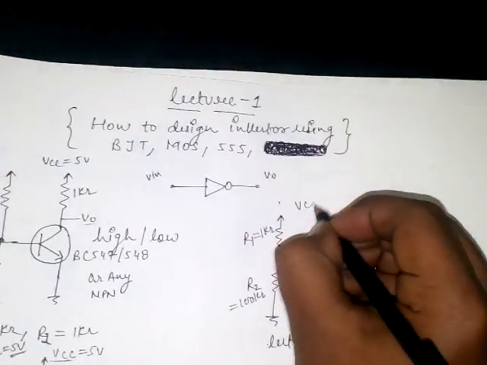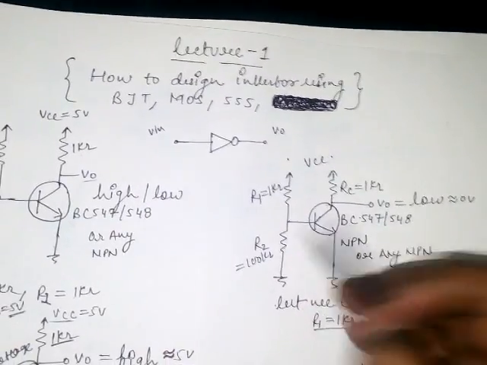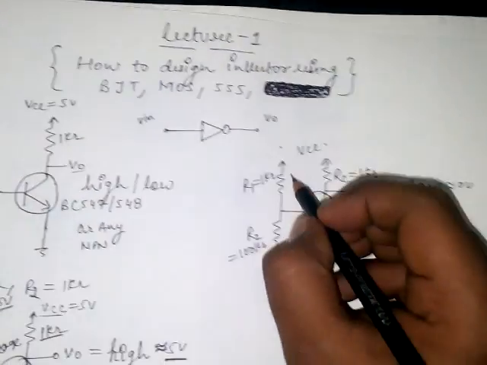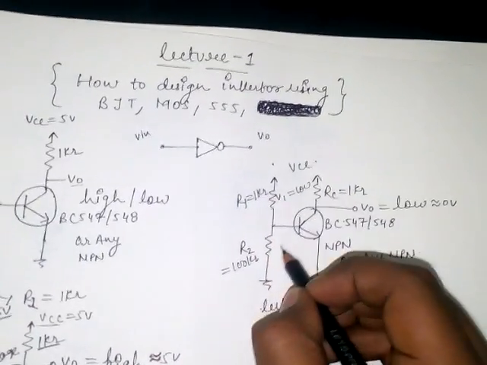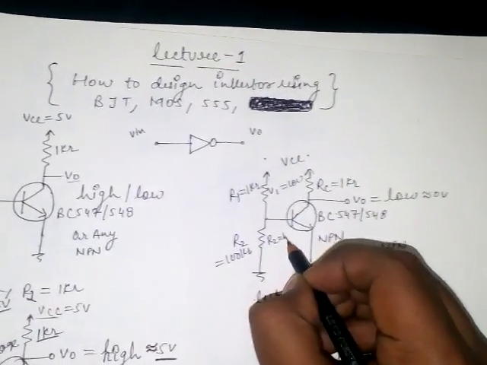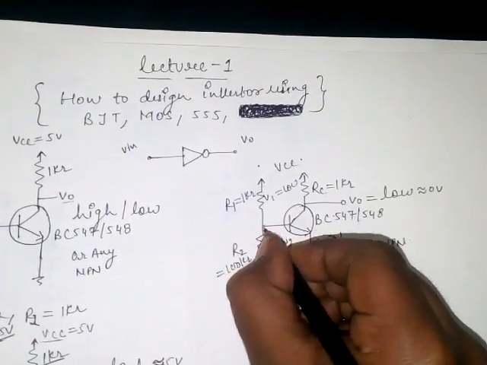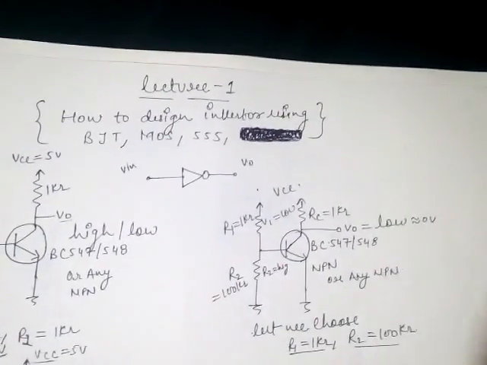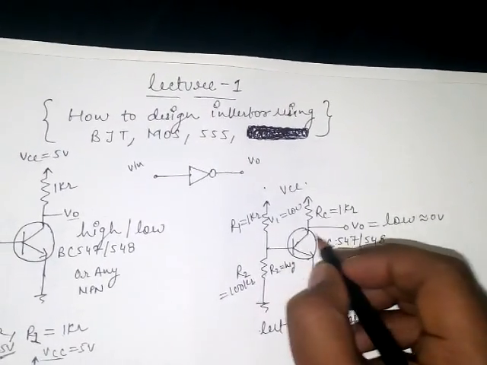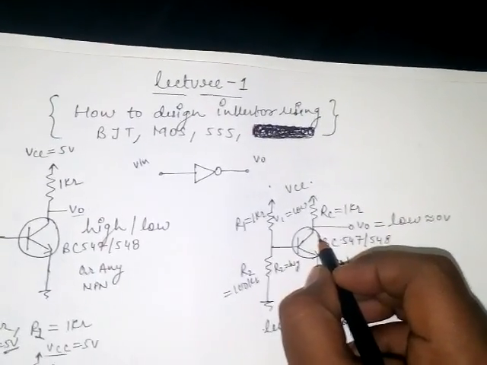When we connect the power supply, again current flows from R1 to R2, but here the voltage drop across R1 will be low and across R2 will be high. So the voltage appearing at the base of this transistor will be high so that it can operate, but it will operate in saturation mode instead of cutoff.